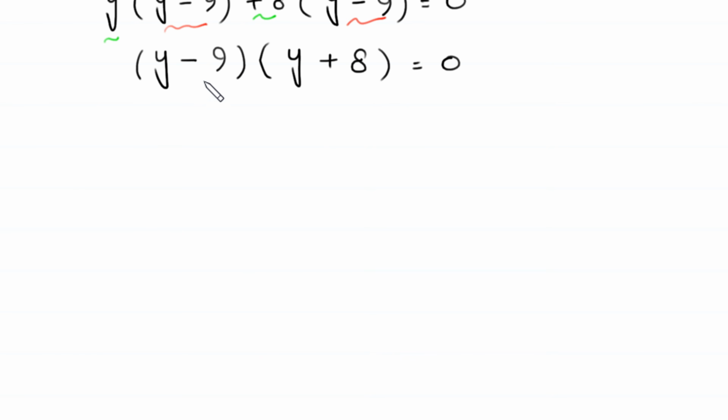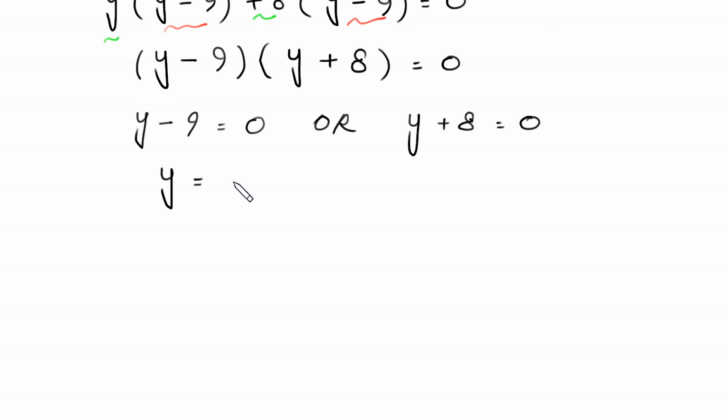Now either y minus 9 is equal to 0 or y plus 8 is equal to 0. From this equation we get the value of y is equal to 9, and from this equation we get the value of y negative 8.